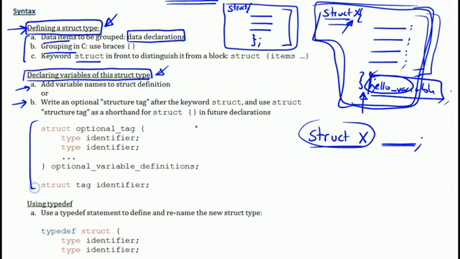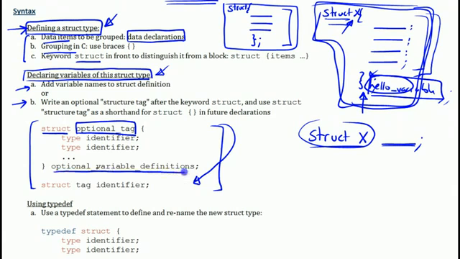And so this is the general form of the struct. You have the struct keyword right here. You have an optional tag. And the purpose of that tag is so that we could later on declare variables of this struct type. And then you could also have some variable declarations or definitions right after the struct.